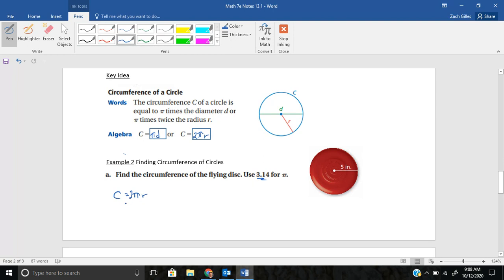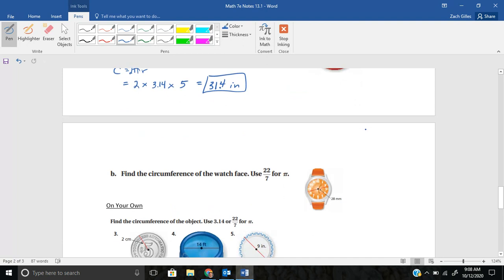So that equals 2 times 3.14 times my radius, in this case, is 5 inches. You can plug this in the calculator if you want. 2 times 3.14 times 5 should give you 31.4, and that would be in inches. Again, that's the circumference. That's this distance around the frisbee.